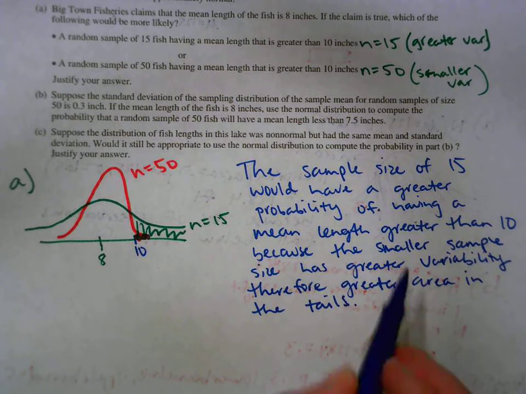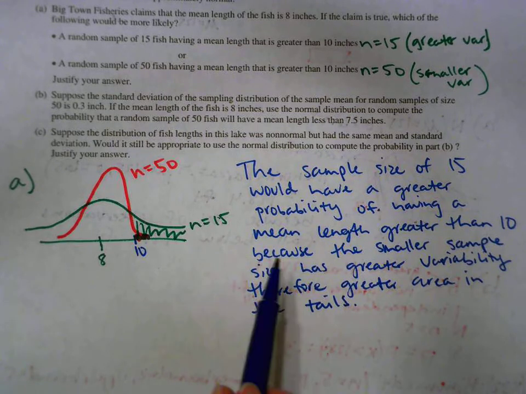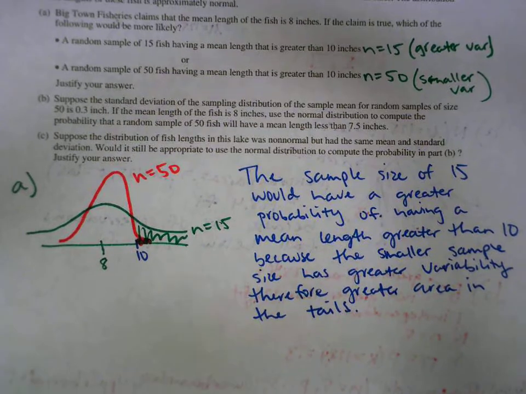And that should suffice, as long as you associated a smaller sample size is going to have more variability, so that's going to have a greater chance of being greater than 10.